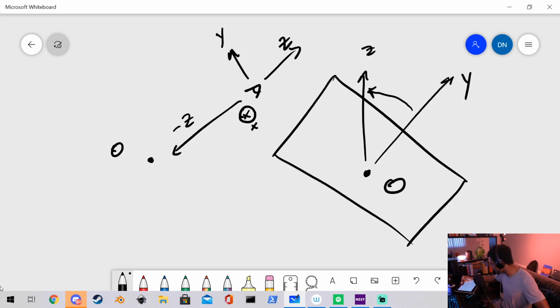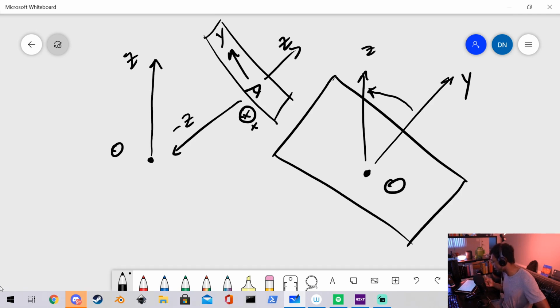So project the Z-axis onto this plane. And this is the global Z-axis. And I think I just have to rotate it so that it's aligned. I think that's it. I think. Let's hope.